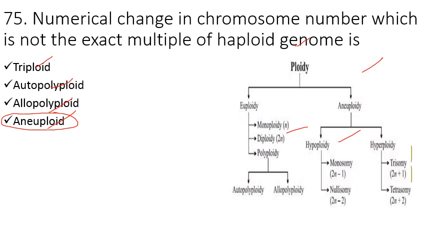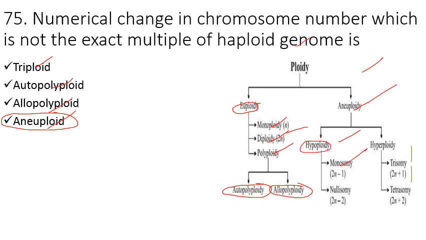As we know, ploidy is of two types. Euploid, that is true ploidy, includes monoploidy, diploidy or polyploidy. Polyploidy is again of two types, autopolyploidy and allopolyploidy, while aneuploidy shows difference from the basic haploid set of chromosomes.